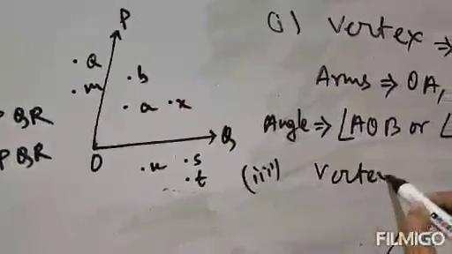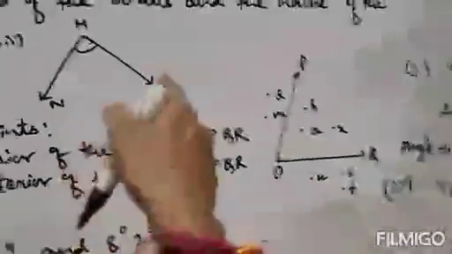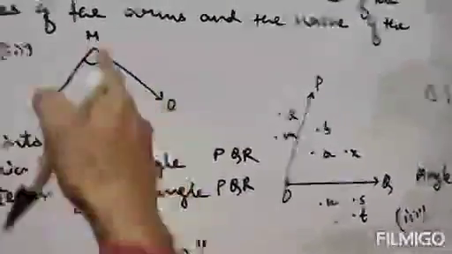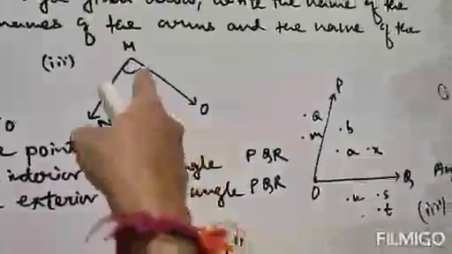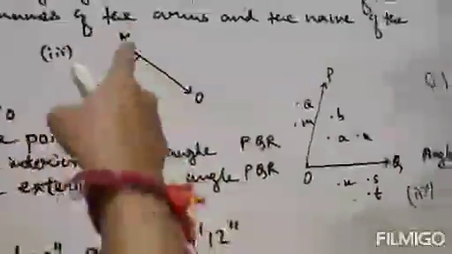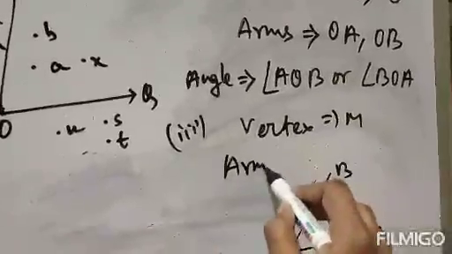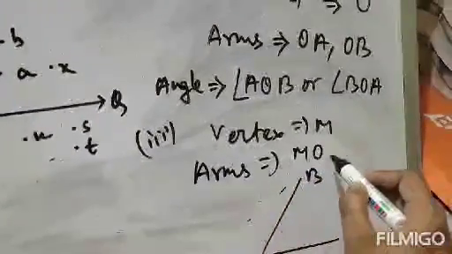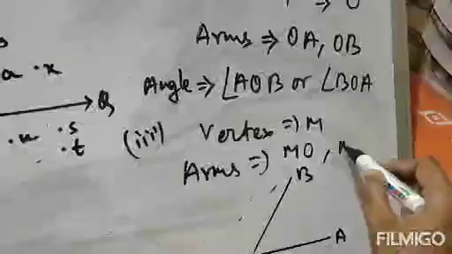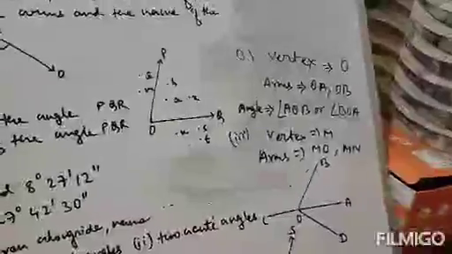Number 3. Here the vertex is M. The arms are MO and MN. Here the arrow is towards O, so we will write MO and MN, not OM. That is the arms.